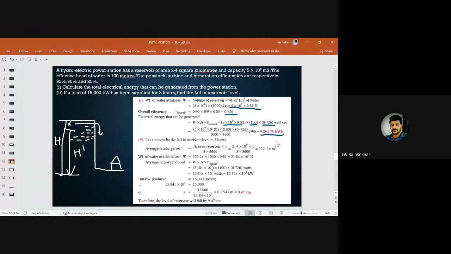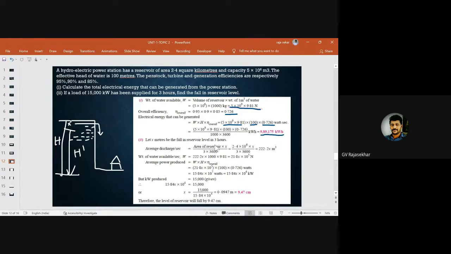9,89,175 kilowatt hours. After 3 hours, let X be the reduction in the height. Then the average discharge per second, there will be a change in the discharge. The average discharge per second is equal to the area of reservoir into X divided by 3 into 3600.